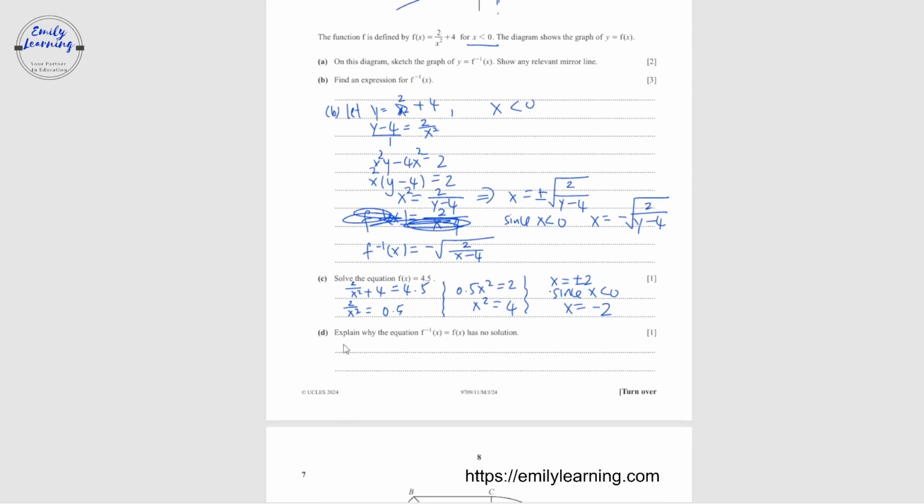So you can say from graph in A, there is no point of intersection between y equals to f inverse x and y equals to fx. So therefore, there is no solution.